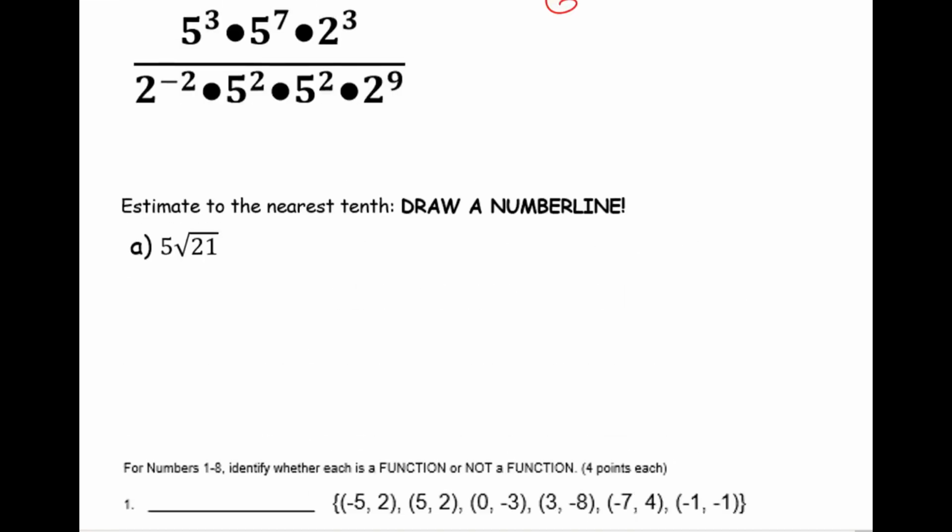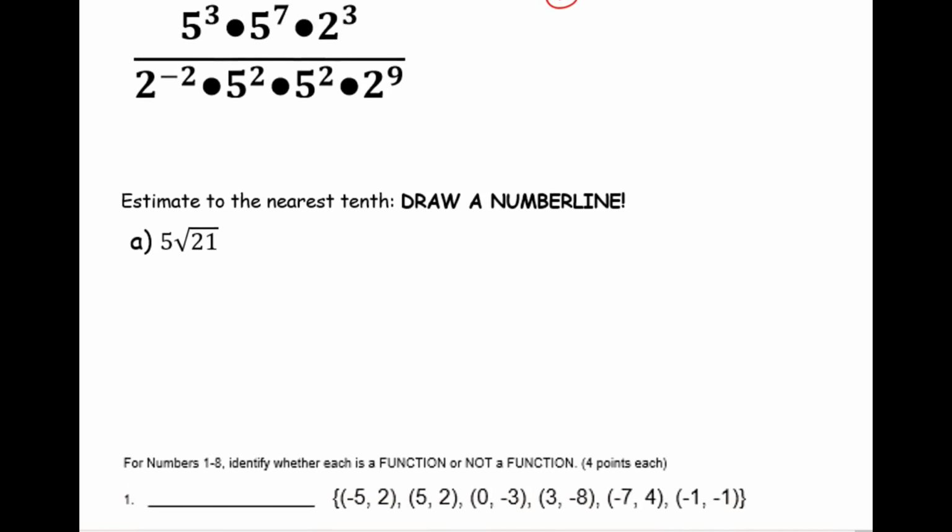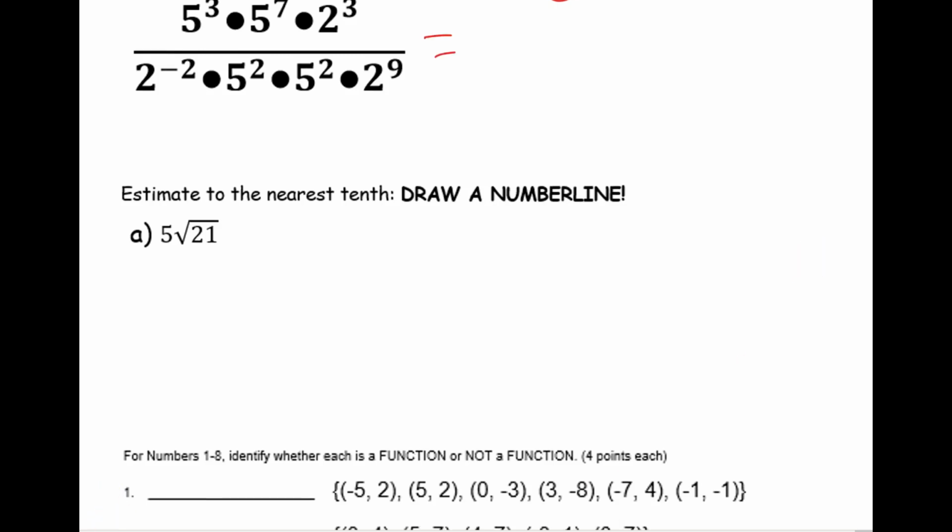This is exactly from the test that you had in the beginning of the year. So like I just said, when you multiply exponents with the same base, you keep the base and you add the exponents. So for this problem right here, we are doing 5 to the third times 5 to the seventh. We keep the base of 5 and do 3 plus 7 is 10.